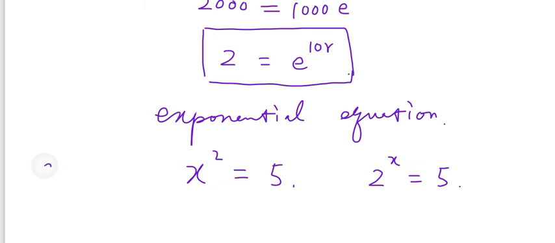For a number like a^b, we call a the base and b the exponent, right? In the first, the unknown variable x is the base and the exponent 2 is fixed. But here, the unknown variable is in the exponent position. So we call this an exponential equation, and this one is a polynomial equation.